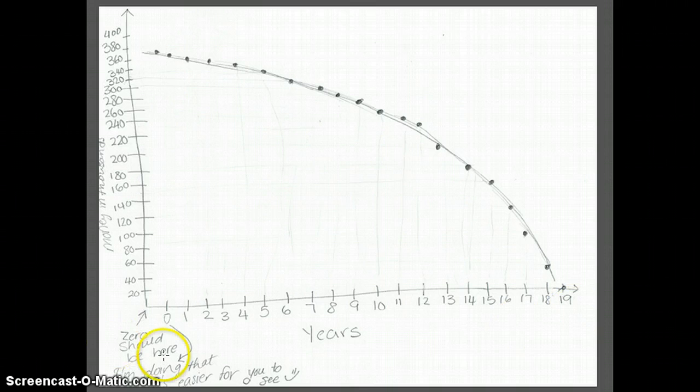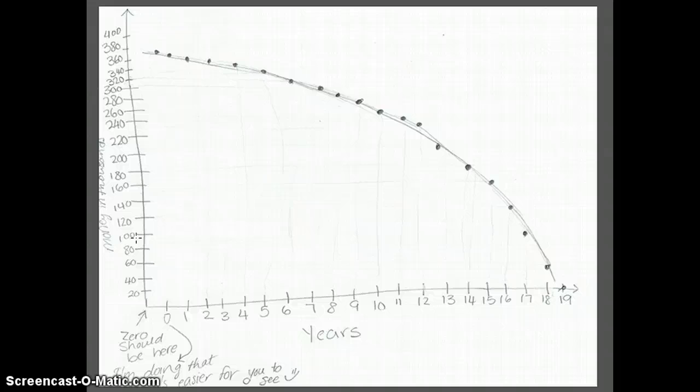But the 0 should be on the origin, right? Okay, so that's just for you to see, because I didn't want you to get confused by putting points on there, but that's okay. So this is the graph that I did manually because I wanted to show you that it can be done. And it says describe the graph, so you're just gonna say it's a curve, looks like a half parabola, looking almost like that.